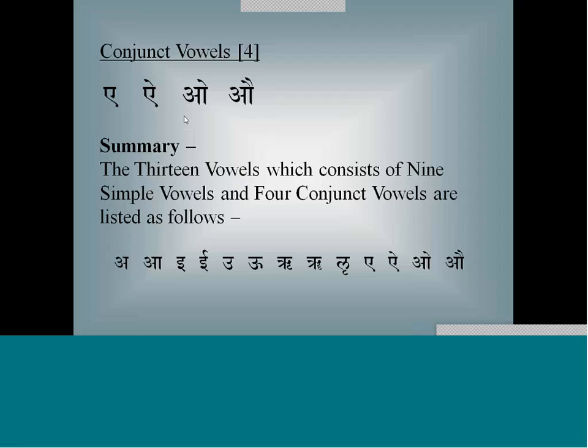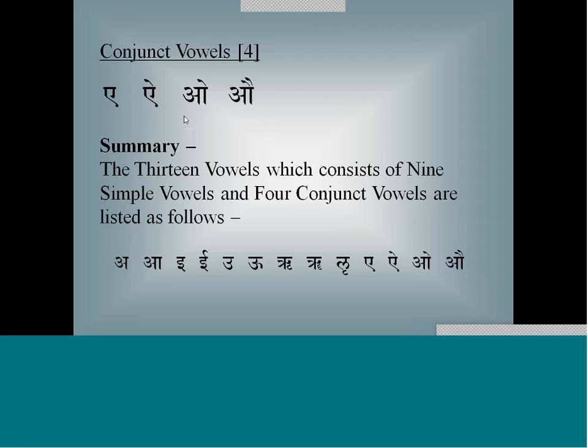In Tamil we have a short A, but in Samskrtam there is no short A. Similarly, only long O is there. The short O is not there. Therefore, these 4 conjunct vowels are long vowels. If you have any difficulty in writing, I will send you the video through WhatsApp on how to write.